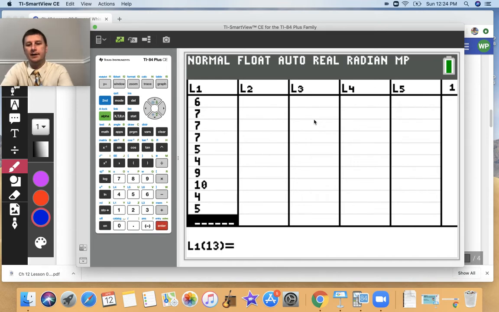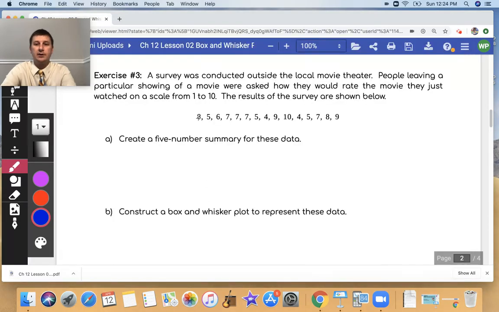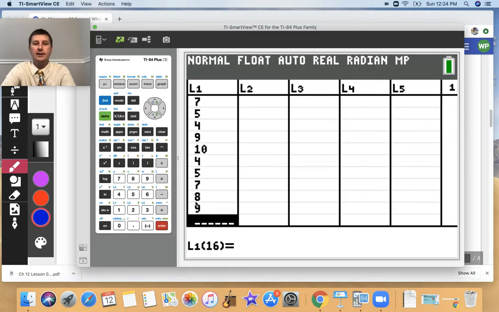And then finally, I think it said 7, 8, and 9. And we are on line 16 of our data set. So I want to make sure I had 15 ratings on this movie. So I have 1, 2, 3, 4, 5, 6, 7, 8, 9, 10, 11, 12, 13, 14, 15. Yes. So I did enter all 15 data values into my list.